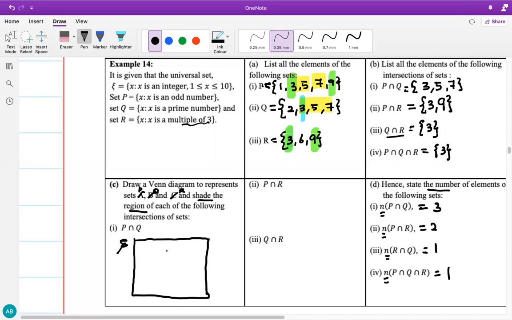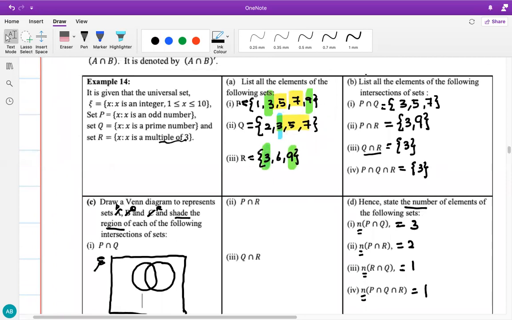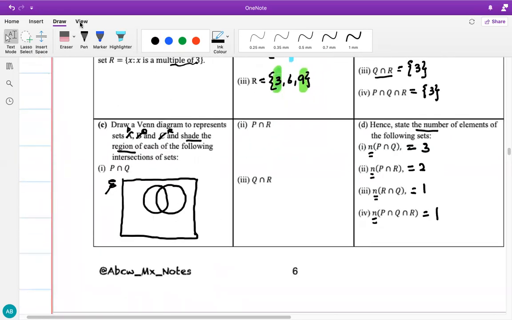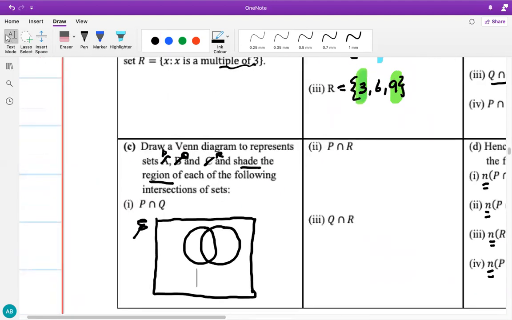So we draw. I make it big so that I can fit everything. So 3, 5, 7, and 1, 3, 5, 7, 9.